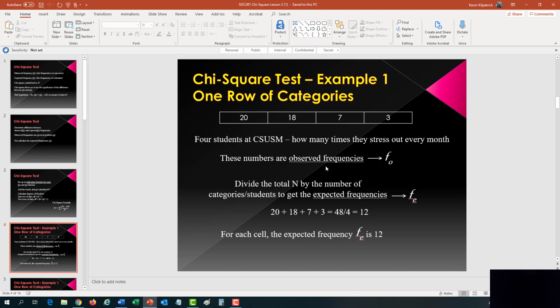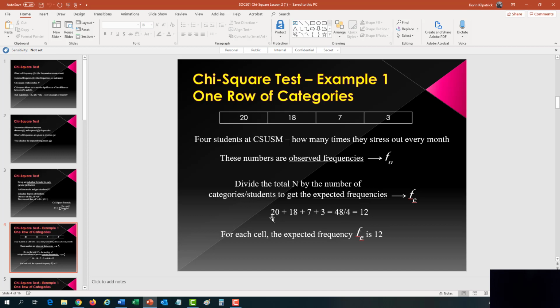In order to get the expected frequencies, we need to add up all four of these numbers. That will give us the total n by the number of categories, or students in this case. And this is what happens.